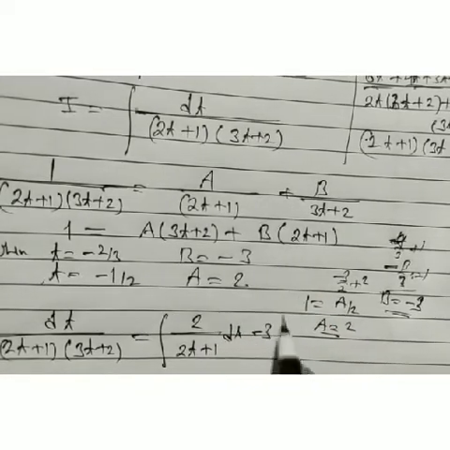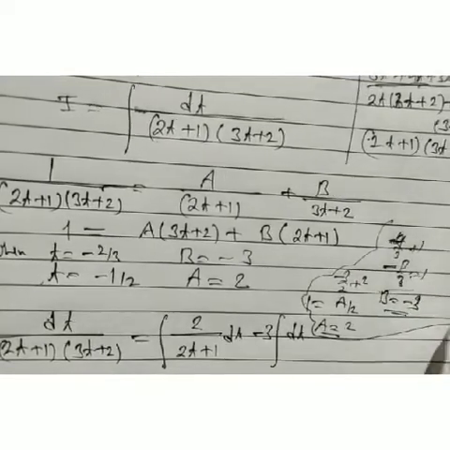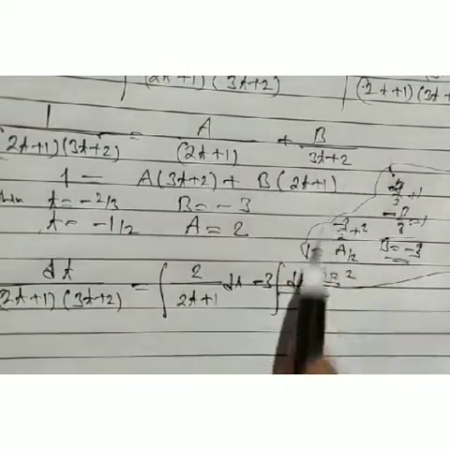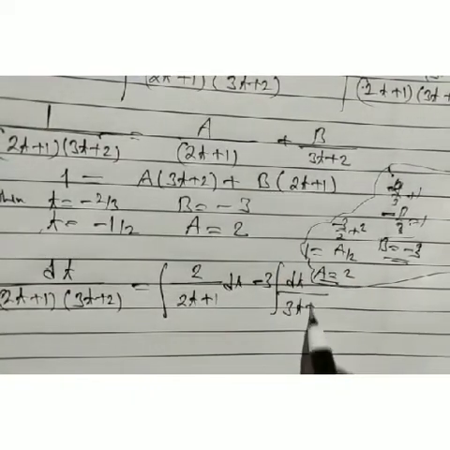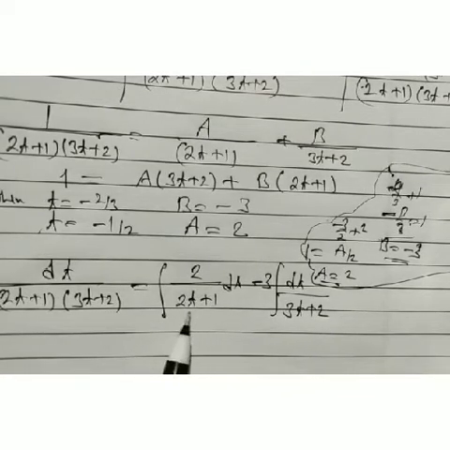Then take minus 3 outside, and dt upon 3t plus 2. Now what is the integration of 2t plus 1? Again it's a log, but since our coefficient is 2 there, in differentiation the coefficient is in the product, but in integration it's in the division part.